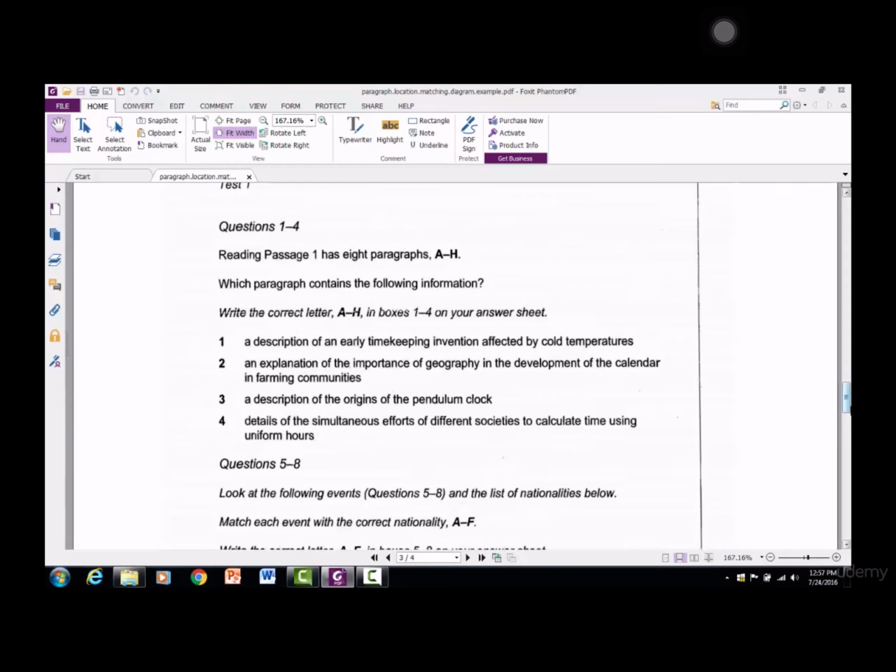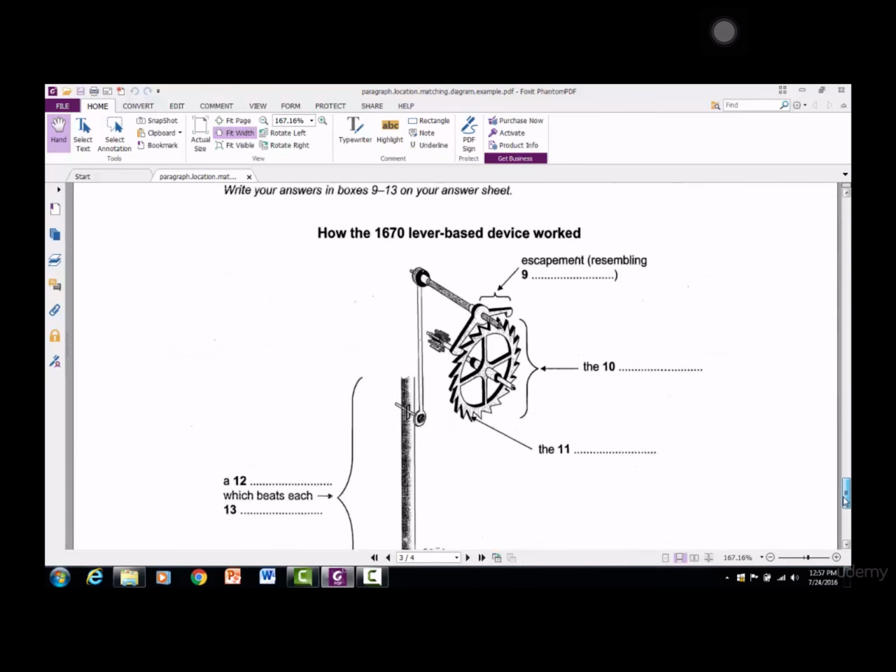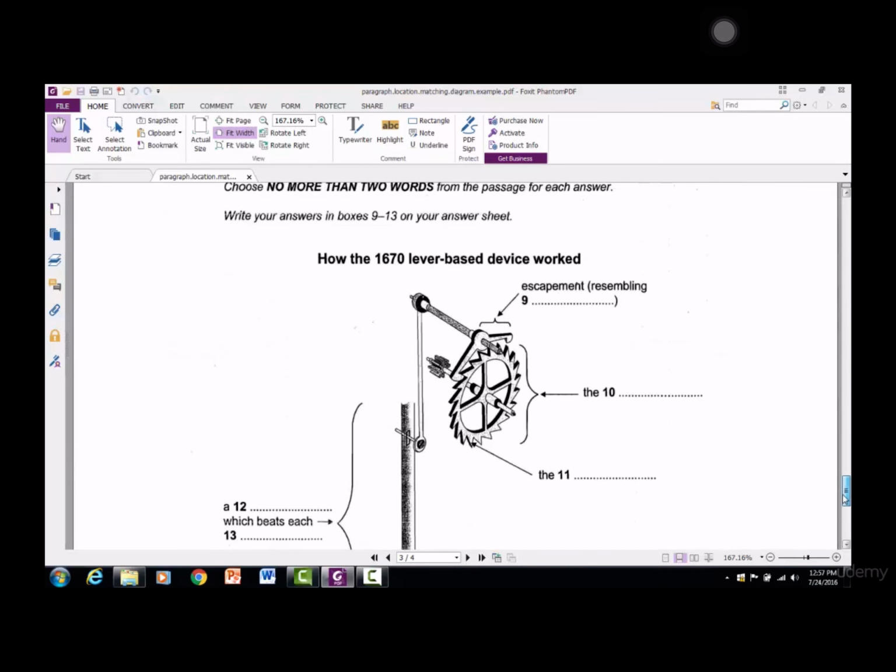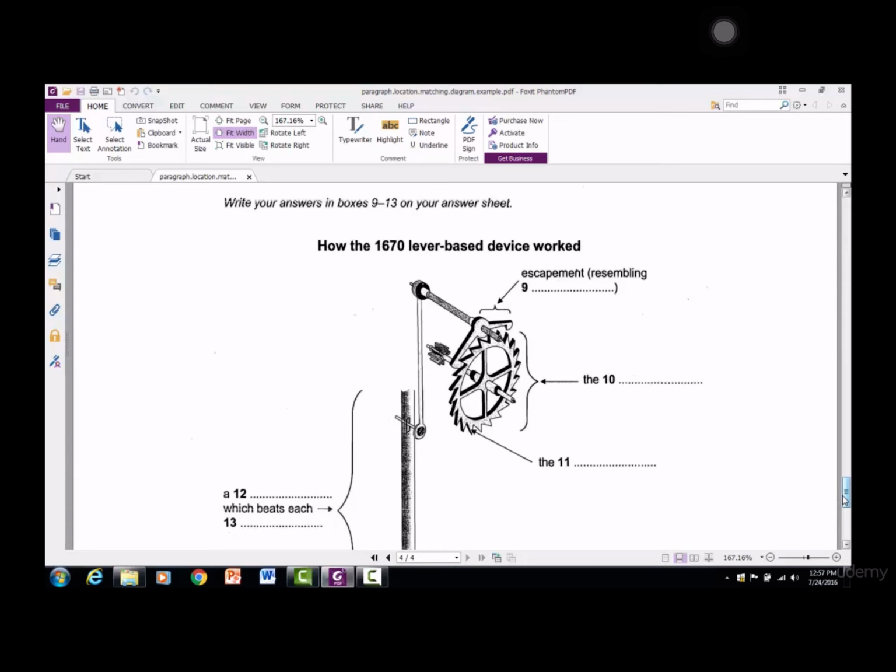We do the matching and the diagram first, then go back to the paragraph location question. Here is our diagram right here. Again, a diagram is pretty much like a fill the blank question.